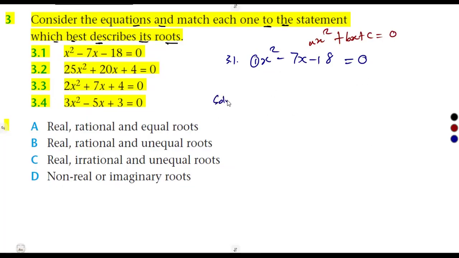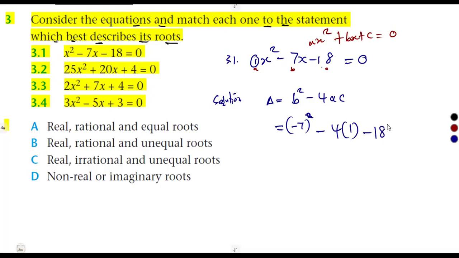Delta is equal to b squared minus 4ac. Our b is negative 7, so negative 7 squared minus 4 times a, which is 1, times c, which is negative 18.